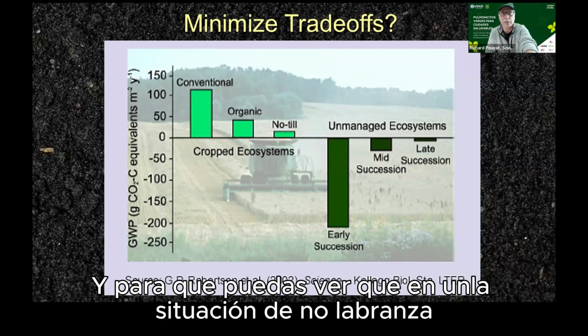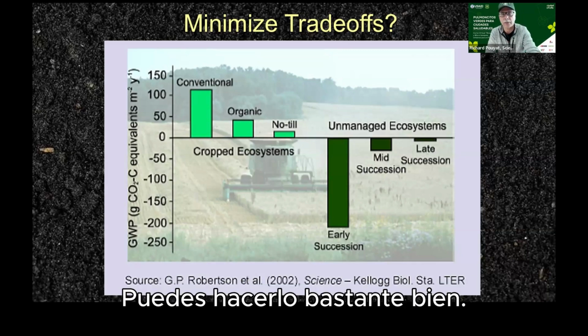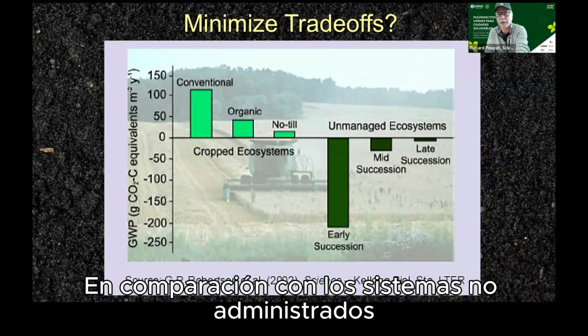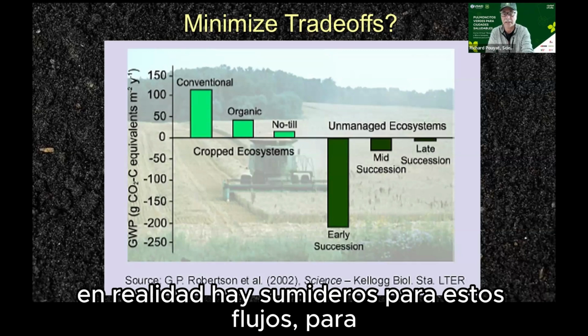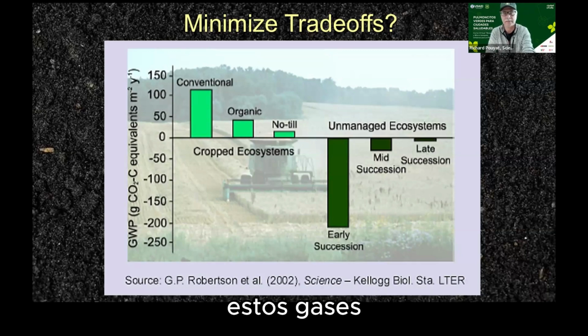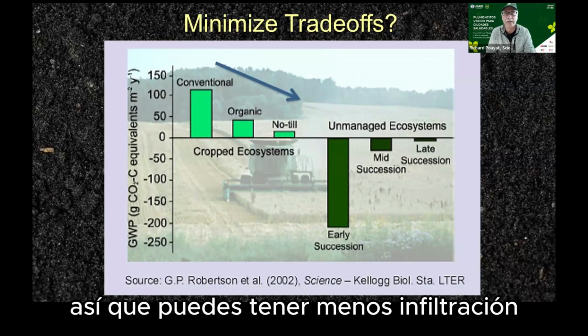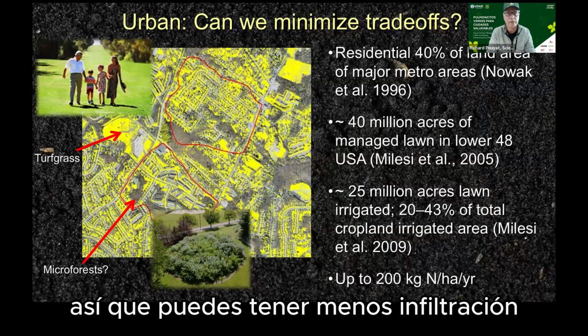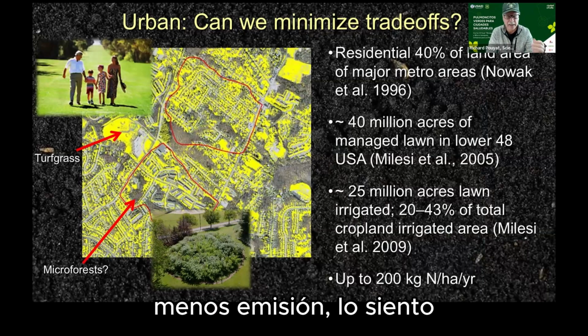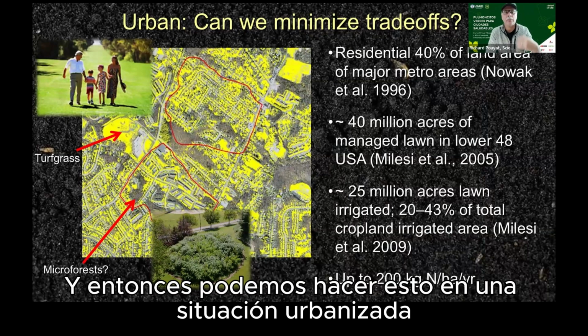So you can see that with a no-till situation, you can do pretty well. And comparing that to unmanaged systems, there are actually sinks for these gases. But it does show that you can manage these systems so that you can get less emissions.